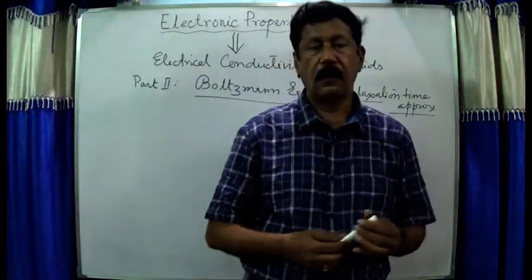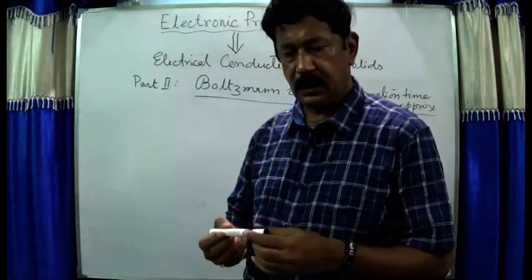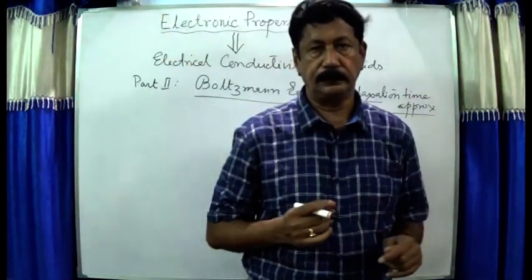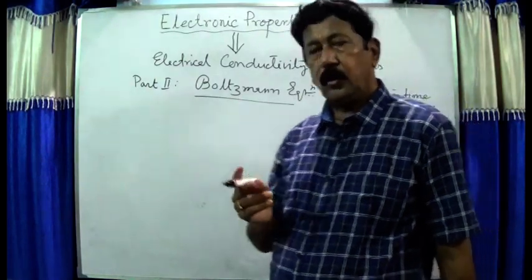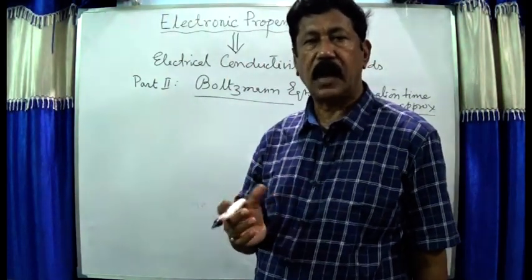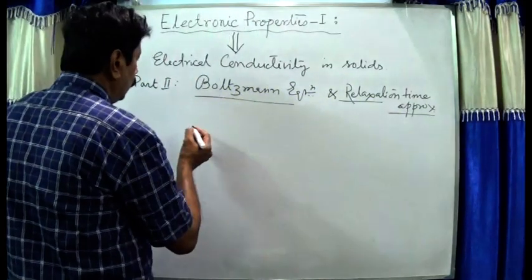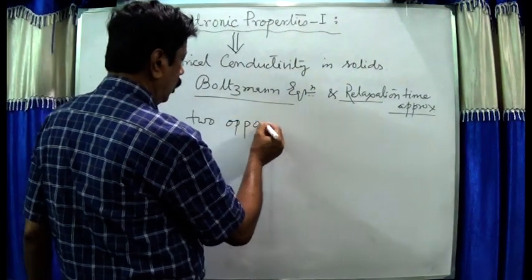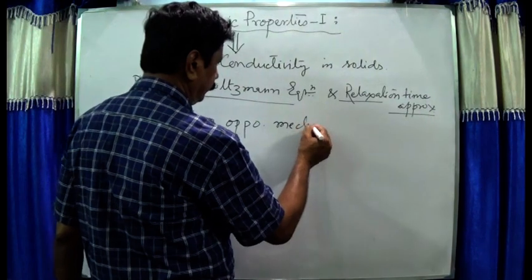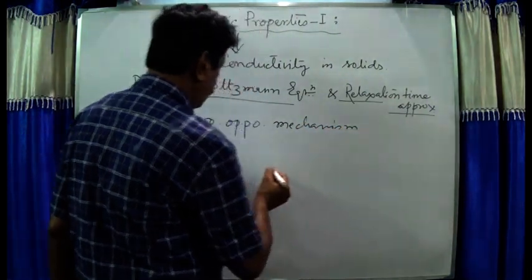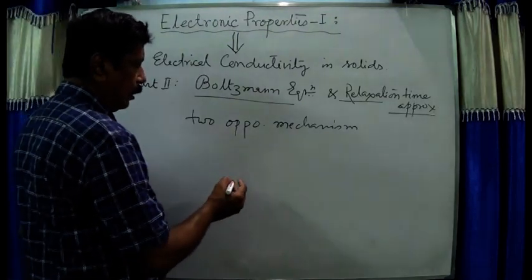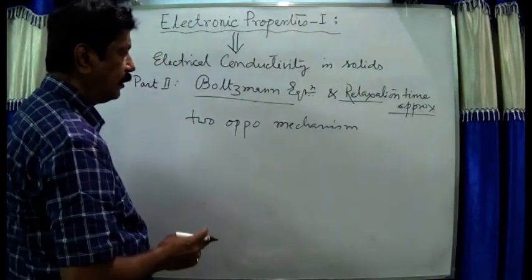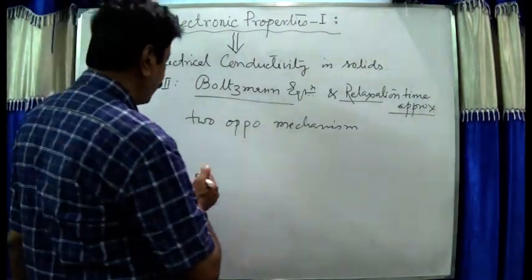Actually, in our last class we noticed that when an electron moves through a crystal, two opposite mechanisms come into play when the electrical conductivity or the flow of electrons inside the crystal is concerned.